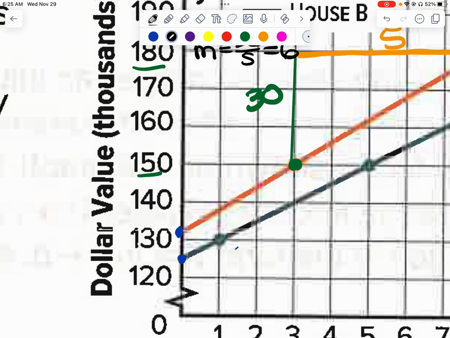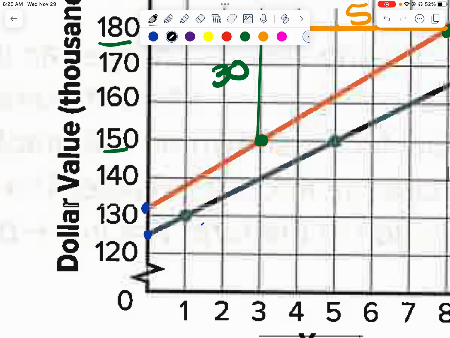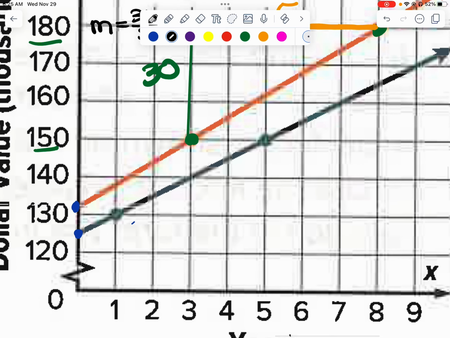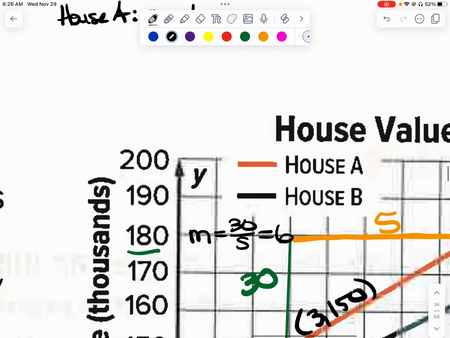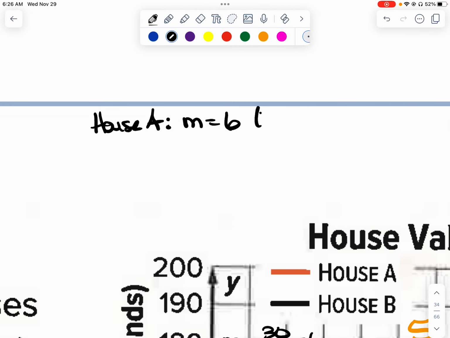So that means I need to pick a point to figure out where that's at. So I'm going to just use this point right here. That's the point 3, 150, so that I can find the B value. So I'm going to use 3, 150 to find the equation of the line.